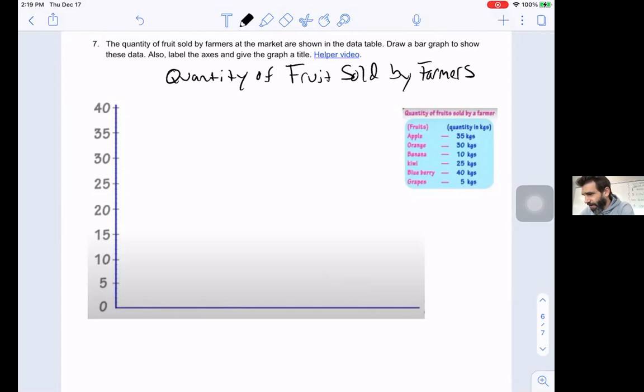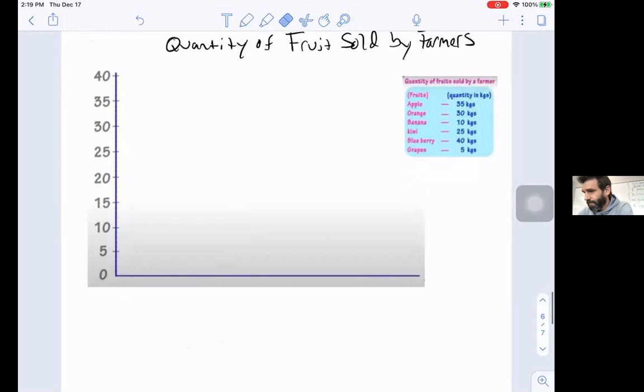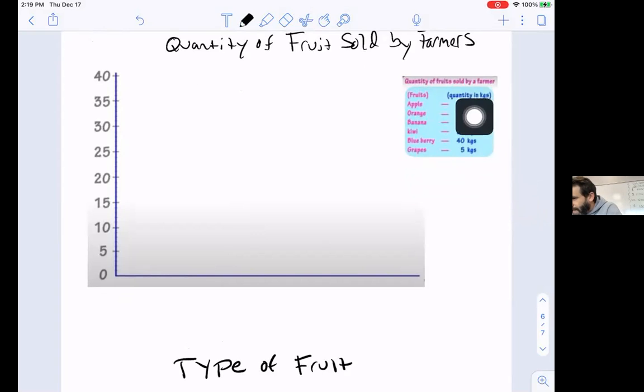So down here is the type. Well, I'm going to give myself a little more room here. I'm going to push this up and I'm going to write type of fruit. And I can see that this is quantity in kgs, in kilograms.